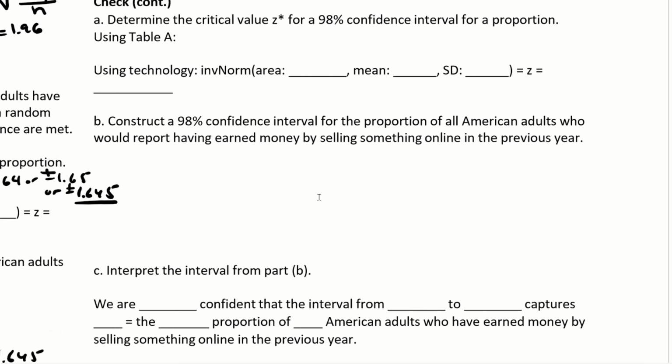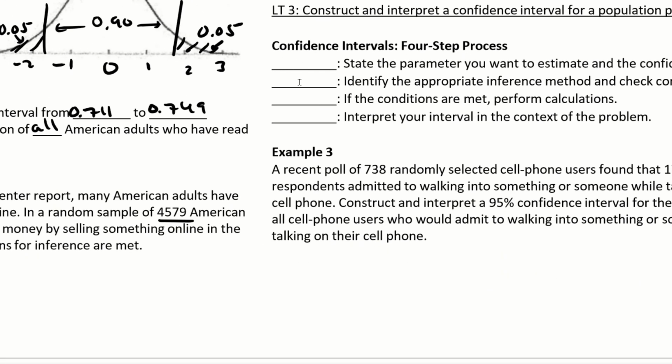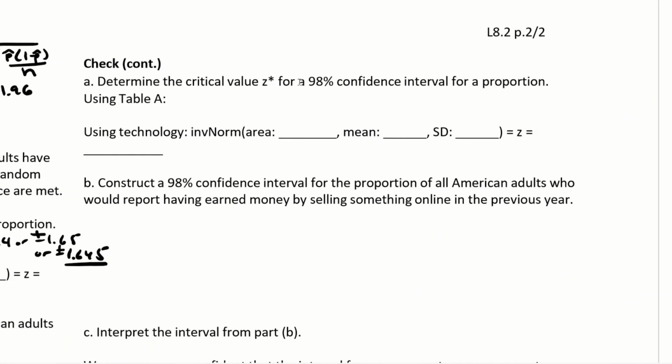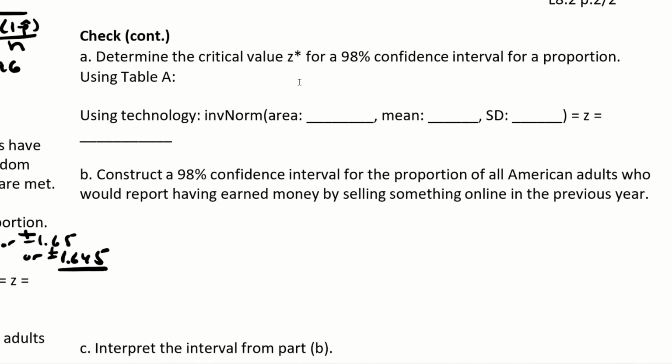All right, so hopefully you attempted that problem, paused the video, went back to see the context here, and attempted the example. Determine the critical value. So again, to find the area, you do 1 minus 0.98 over 2, which is 0.02 over 2, which is 0.0100. So we're going to look up 0.0100 on the table.